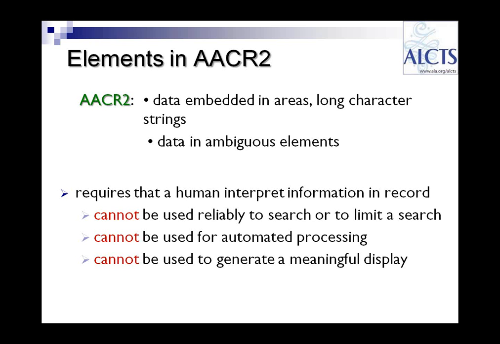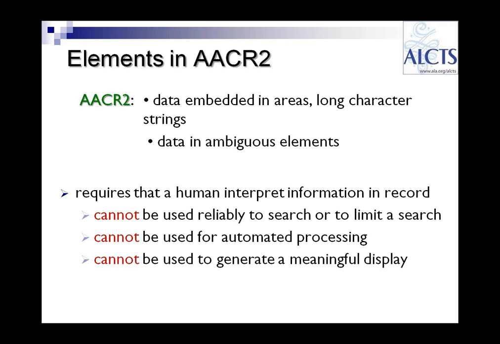AACR2 had data that was embedded in areas, in long character strings and ambiguous elements. And this is fine as long as the basic assumption is that a human will read and interpret the information. But as we move into an increasingly automated environment, in fact, our data is used both by humans and can potentially also be used by machines.